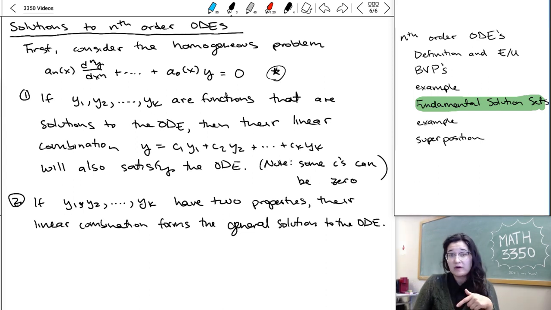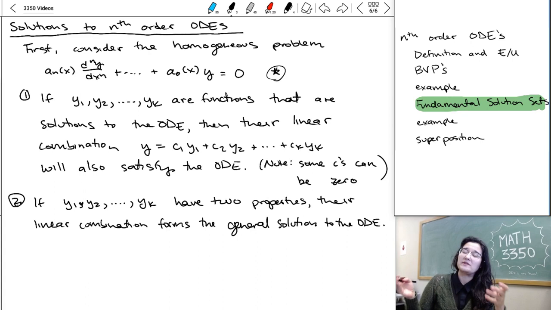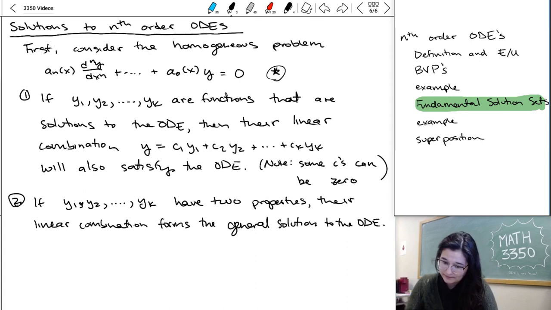So these two properties, I'm going to tell you, if they're true, you can find every possible solution to the ODE using those functions y1 through yk.